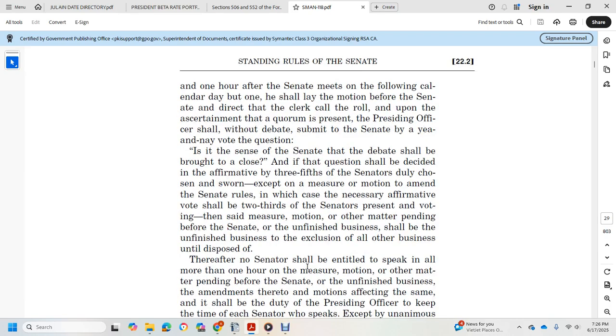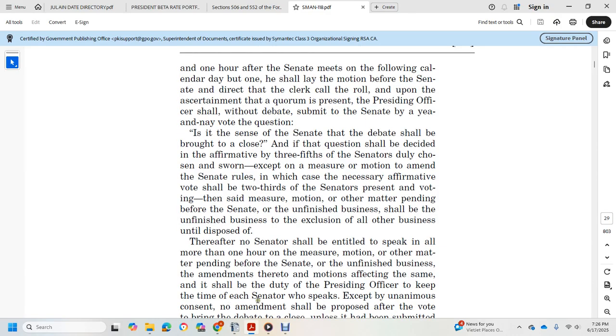Thereafter, no senator shall be entitled to speak in all more than 1 hour on the measure, motion, or other matter pending before the Senate, the unfinished business, the amendments thereto, and motions affecting the same, and it shall be the duty of the presiding officer to keep the time of each senator who speaks, except by unanimous consent.